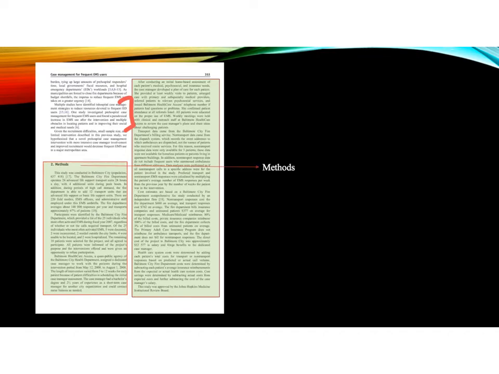The methods section of the paper is where they write out exactly how they perform their particular study. It's important to know that in the methods section, the researchers are writing about their study in a way that other researchers could repeat that effort or that study and get their own results. And so the language in this section is going to be very neutral. They're not going to be doing a significant amount of interpretation.